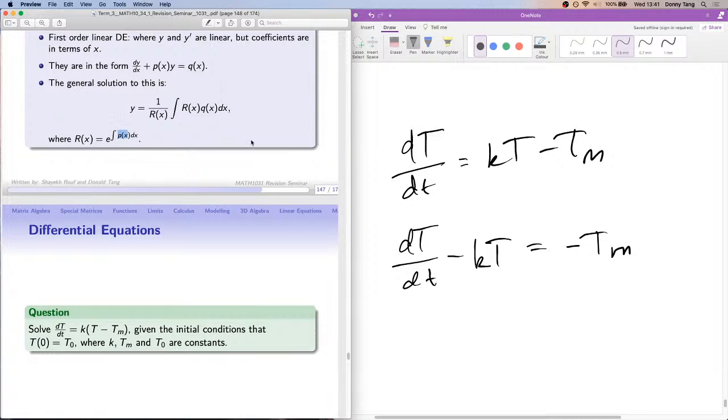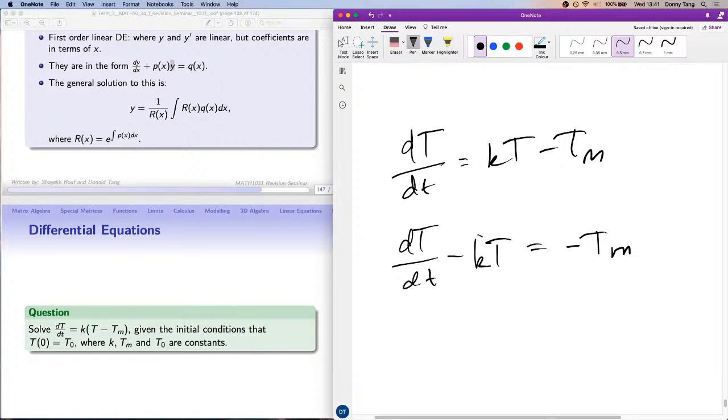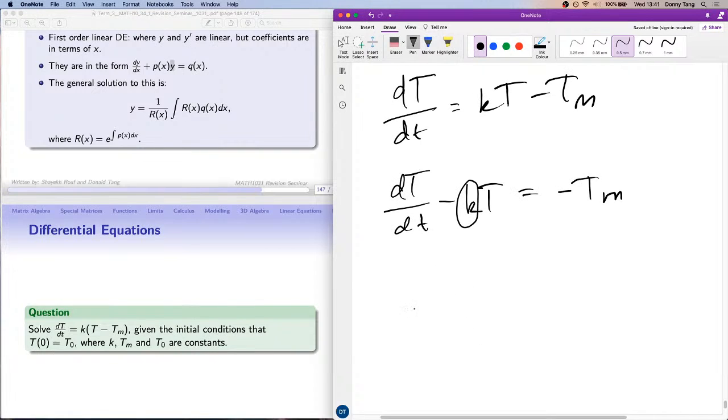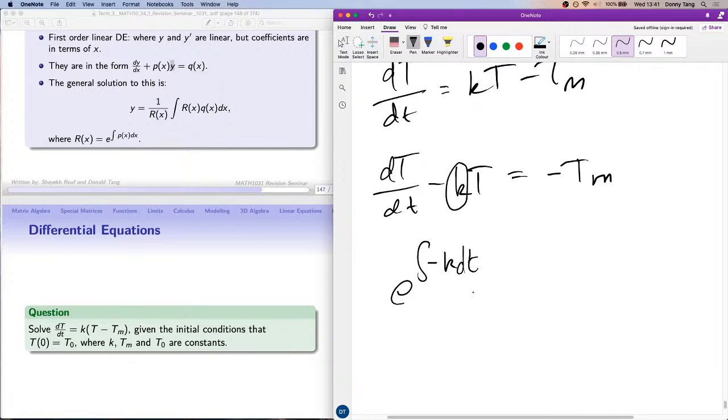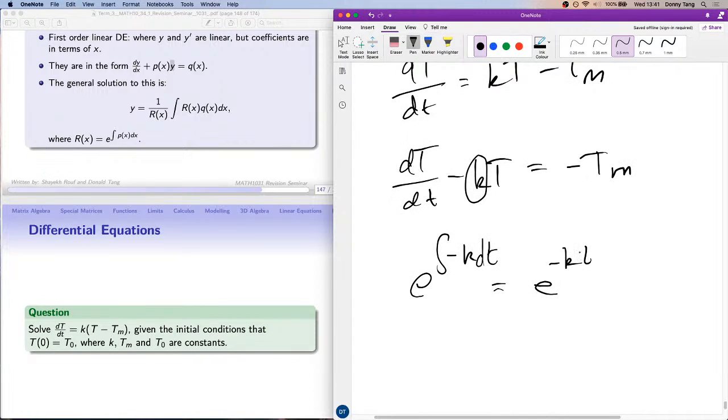The p(x) in this case is the term in front of the y, and in this case the y is the T. So integrate it. It should be negative k, so the integral of negative k dt, and since k is a constant, the integral is just negative kt. That should be pretty okay because it's just one term.